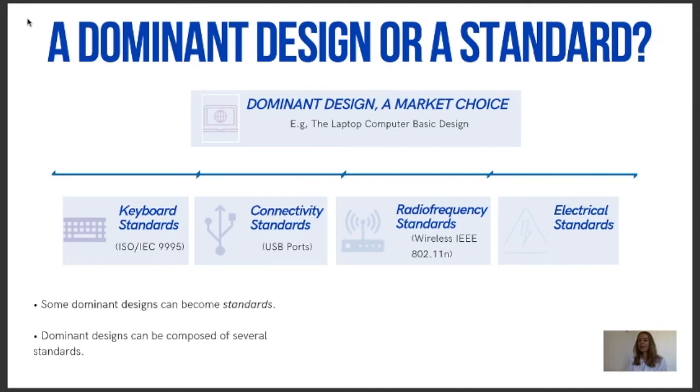For instance, the computer basic design is a dominant design, so a market choice, while keyboard standards, connectivity, radio frequency, and electrical standards have a function and purpose. That is to say that dominant designs can be composed of several standards, as the example of fast food restaurants shows. The service is a dominant design, and it's ruled by several standards.